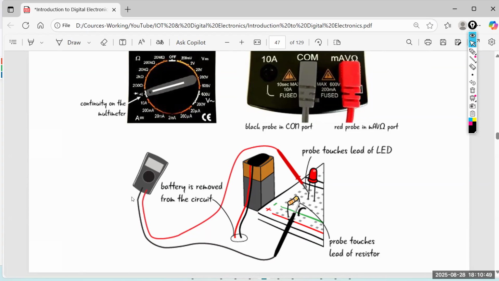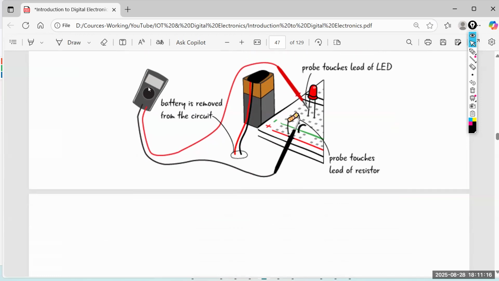Actually, it will send a small current and see whether you receive the current. Because most of the time the issue is that your circuit is not properly connected. So that is why this battery is now not used. Of course, this is not going to light up your LED because it is not going to give a big current, but it will check whether there's a closed path or the circuit is closed. That also you can do with your multimeter.